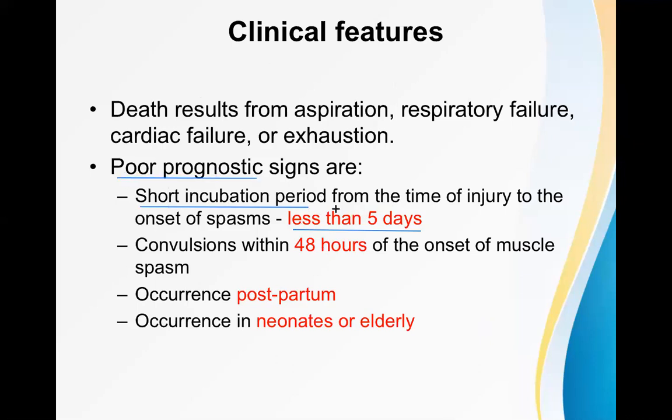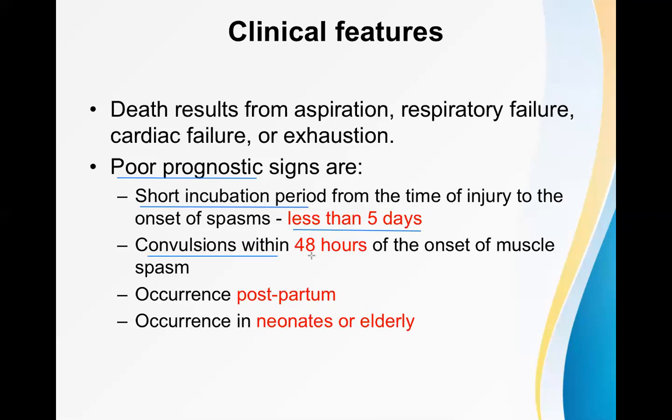Now, I already told you, short incubation period occurs if the trauma or the wound occurs quite near to the central nervous system. So less time is needed for the entry of that toxin into the nervous system. That's why the incubation period is short. That's why all the signs and symptoms will come quite early. This is a poor prognostic sign.